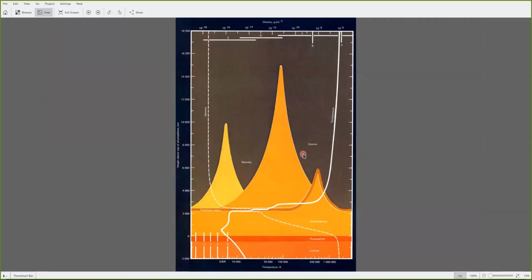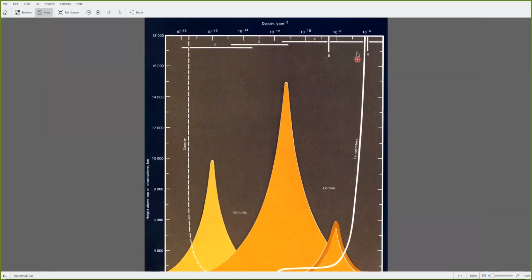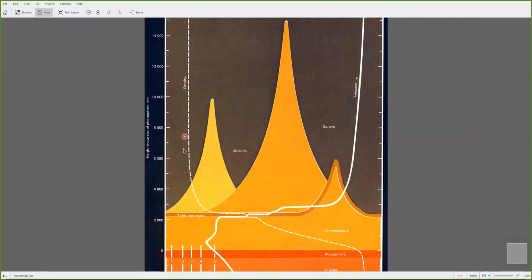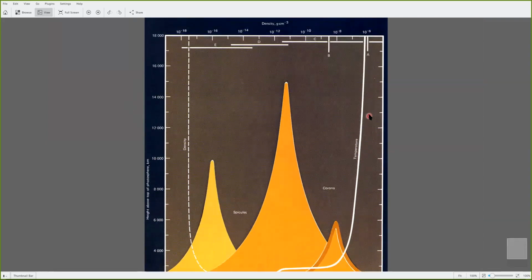Anyway, this is the actual case for the sun, and you can see here the density at the photosphere, up to 2000 kilometers inside the sun, with the height relative to the photosphere in kilometers. The density is almost 10 to the minus 6 grams per cubic centimeter.